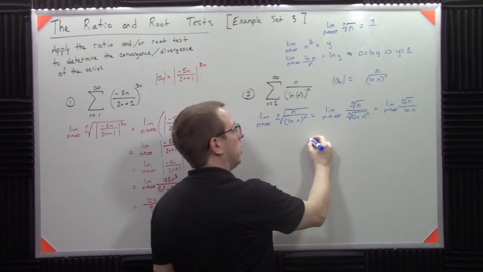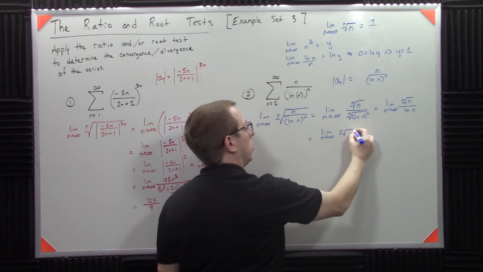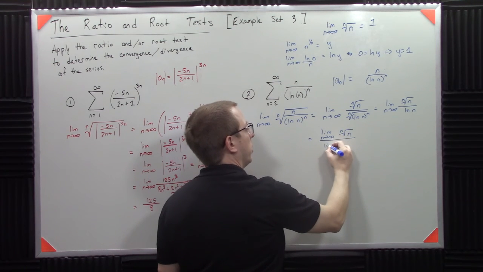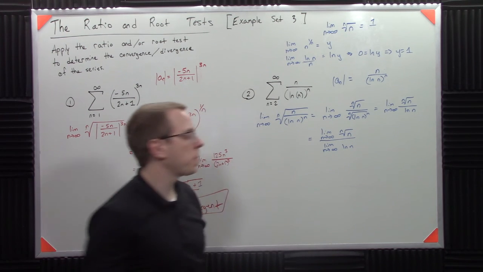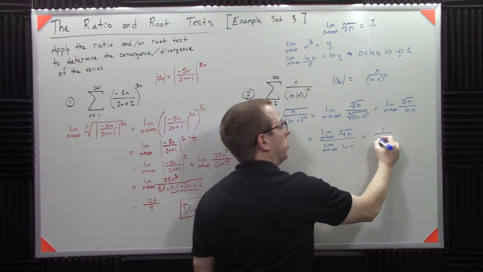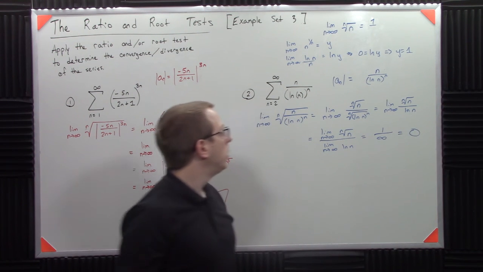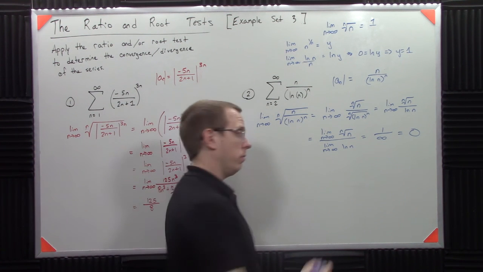It says this is the limit of the top divided by the limit of the bottom. Well, the limit of the top is 1. The limit of the bottom is infinity. We get 0. So since this is 0, we know that this is going to be an absolutely convergent series.